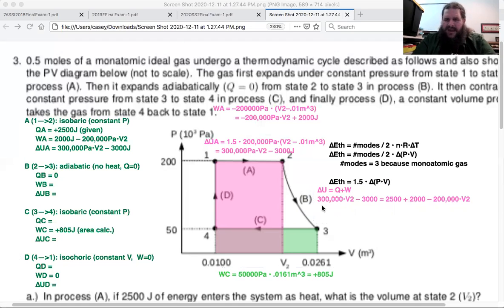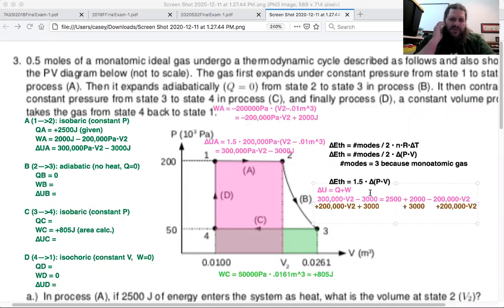Let's add 200,000 V2 to both sides. So that'll cancel out the negative 200,000 V2s. And while we're at it, let's also add 3,000 to both sides to cancel out that negative 3,000. And let's see what's left.